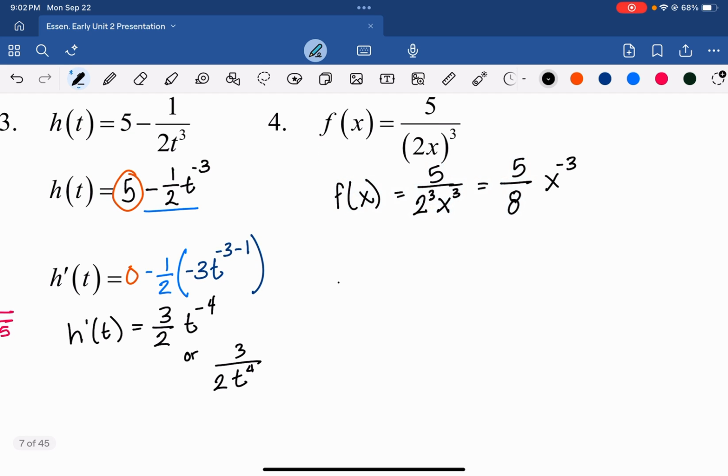Okay, so now I can take my derivative. The 5/8, that's that constant, right? That's just chilling there, that coefficient. So 5/8 times, drop my negative 3, x to the negative 3 minus 1.